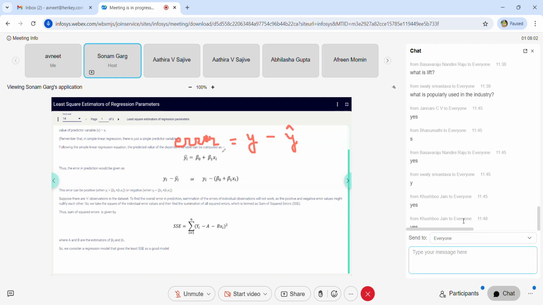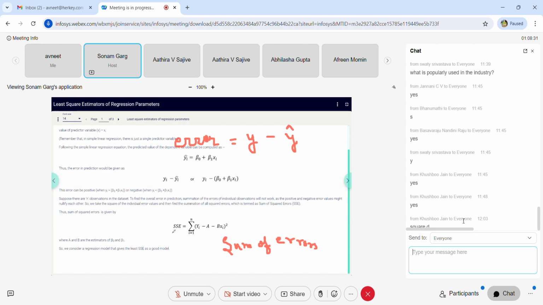If you take the sum of errors for comparison, the problem is that it will always give you a sum somewhere around zero. So we square it, correct, Kushbu? We have to square it so that we get rid of that negative positive problem. Square it and then find the sum of it.